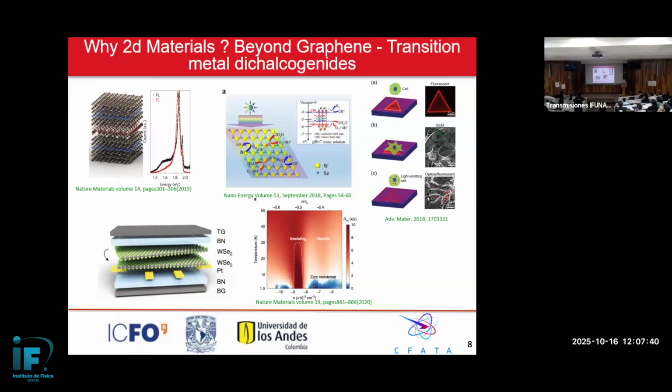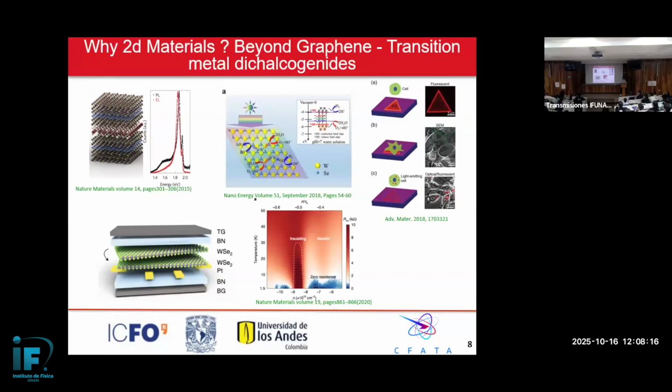And also in 2020, they followed the same recipe as in the graphene case. They put two layers of tungsten diselenide, stuck them together and twisted them a little bit, and they found out that depending on the number of carriers, because this is only electrically modified, you can add or take out electrons just by changing the electric field.